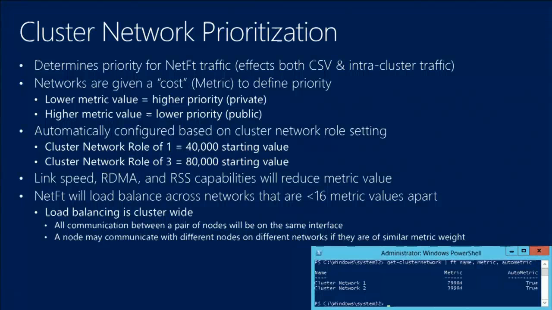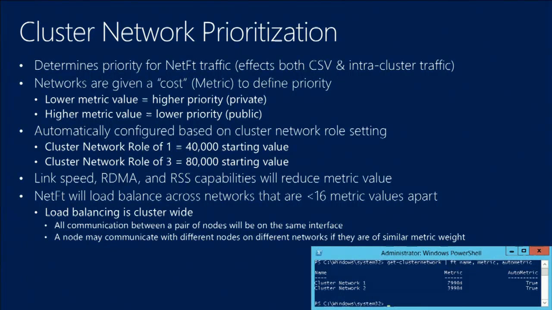So your intra-cluster synchronization I/O as well as your metadata I/O would be using this highest priority network, which is the lowest cost. A network role of 1, which is your private network, would have a starting value of 40,000 and lower. A network role of 3, which is your public network, would have a starting value of 80,000 and lower.